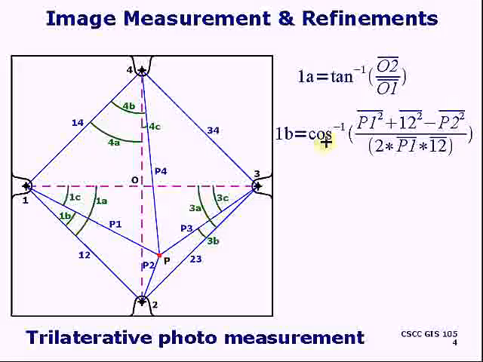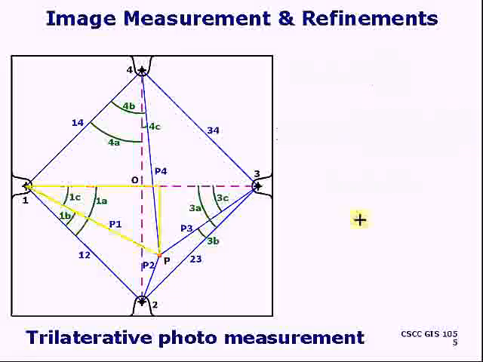We take the arc cosine, or the inverse cosine, and that gives us B. So we computed A, we just computed B, and if we take A minus B, we get C. So now we have the angle from the axis to this line that we measured. So 1C equals 1A minus 1B.